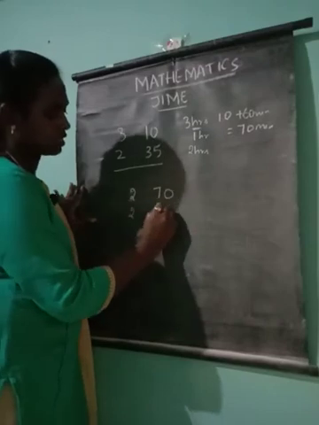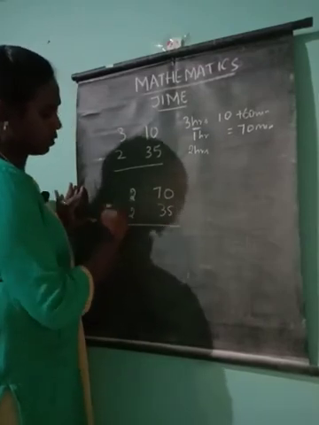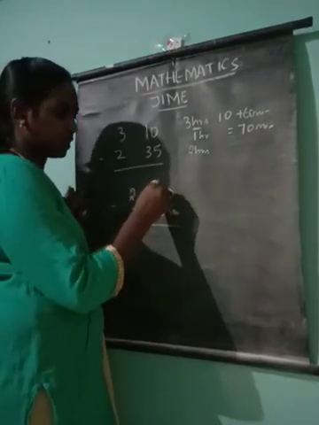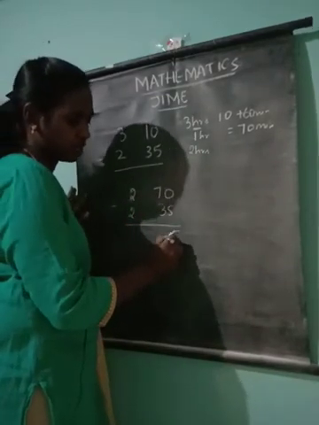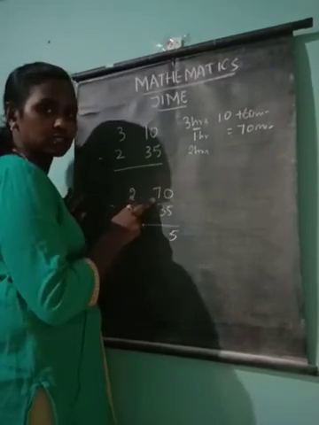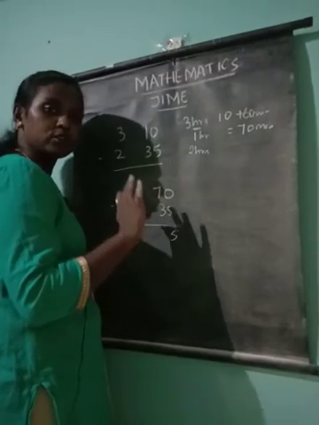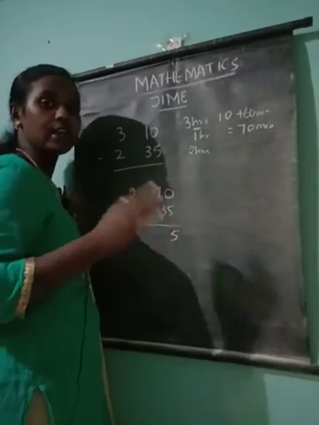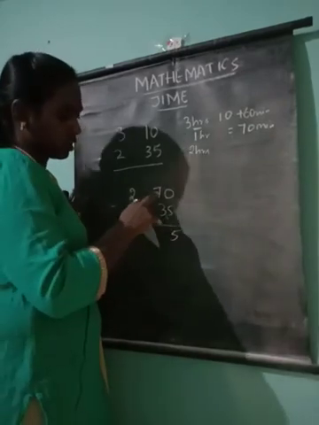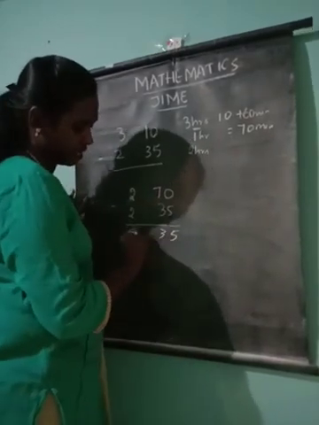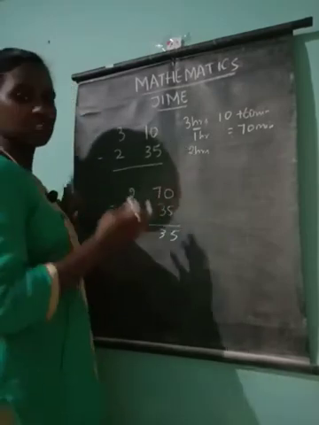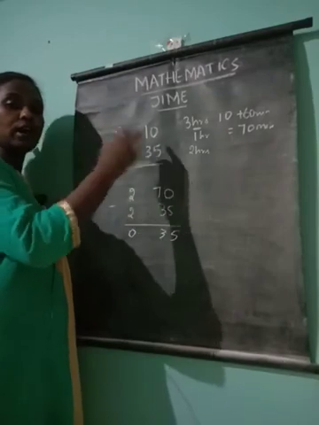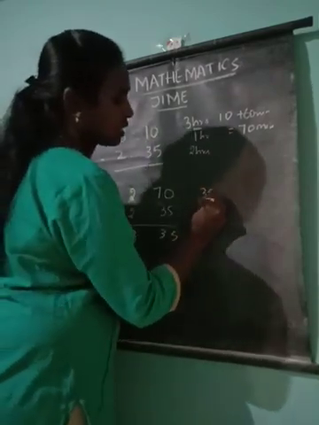Again 2 hours 35 minutes. Now we can subtract. From 0 to 5 we cannot subtract, so taking carry, 10 minus 5 is 5. Here I have 6 because 1 carry is given. From minute to minute we can give carry, but from hour to minute we cannot take carry, and the sum will become wrong. So 6 minus 3 is 3, so 35 minutes. 2 minus 2 is 0. So if we subtract 2 hours 35 minutes from 3 hours 10 minutes, we get just 35 minutes.